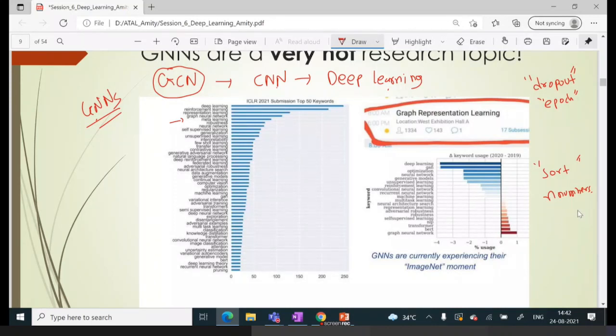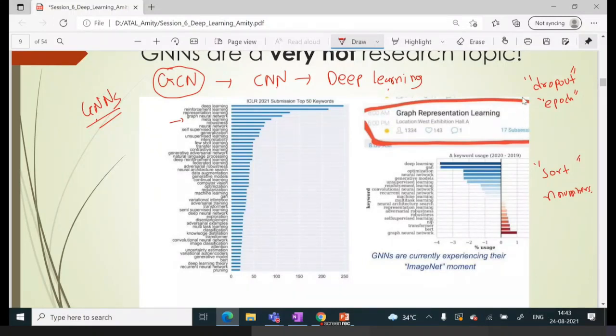So if 100 numbers are given, then you will come up with an algorithm which will definitely sort these 100 numbers, or there will be some bug which you will eventually recognize and eliminate, right? So that is the idea of a simple algorithm, where you give a specific input and you will definitely get a certain output, and you can also give a rigorous mathematical proof of why your proposed solution will work. Whereas deep learning is completely opposite.